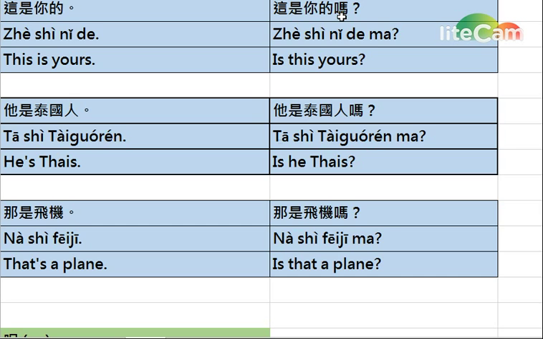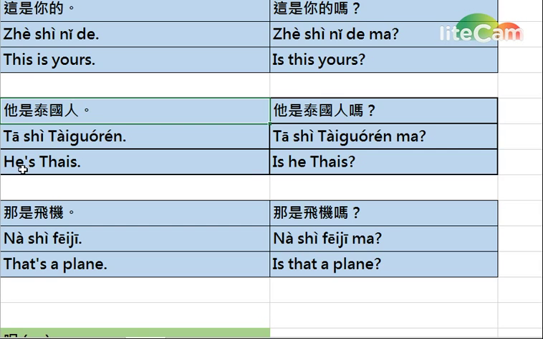It's just like the use of the question mark. So the question should be 这是你的吗？ It means, is this yours?